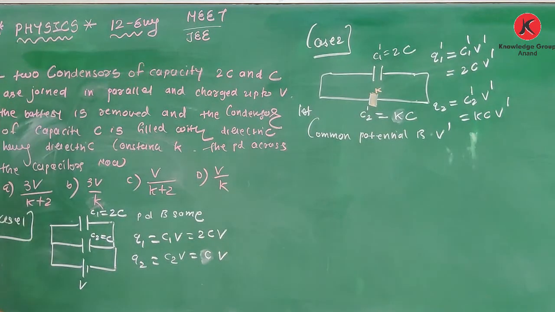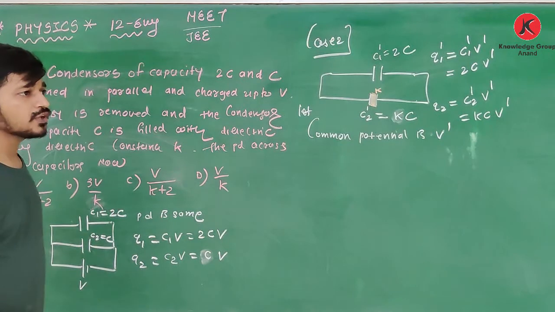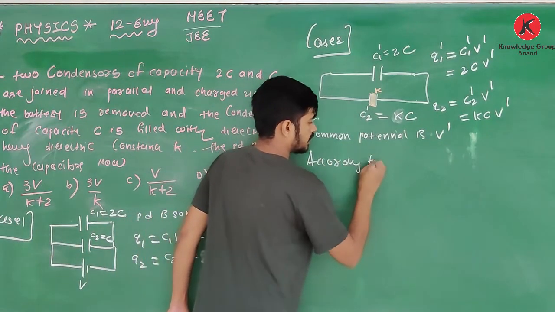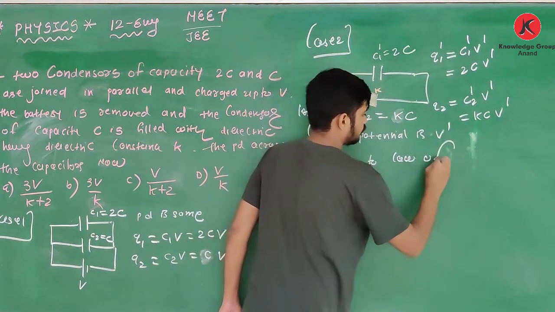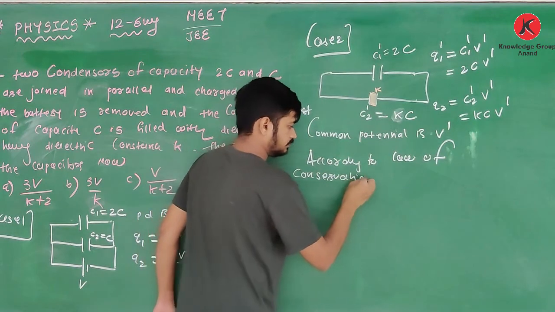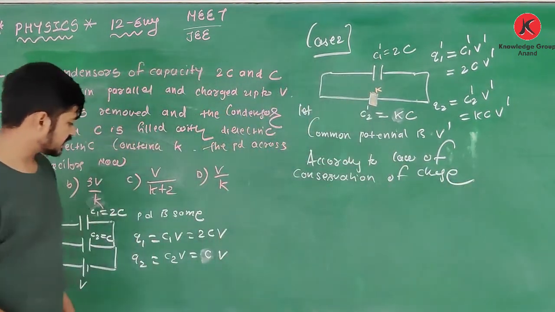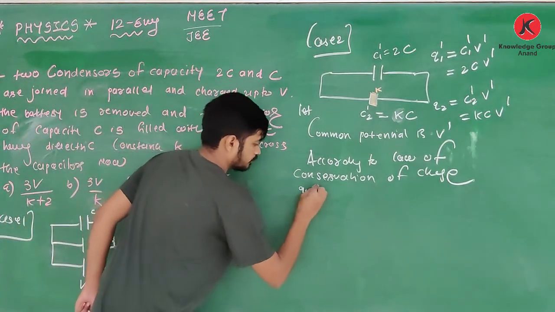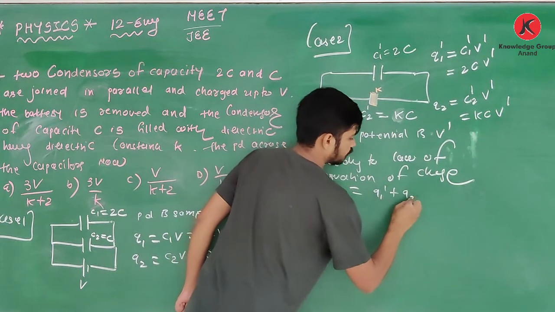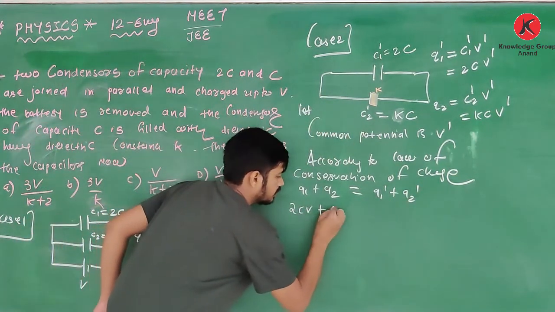Now capacitance changes, voltage changes, but according to law of conservation of charge, total initial charge, that is Q1 plus Q2, is equal to total final charge, that is Q1 dash plus Q2 dash. What is Q1 plus Q2? It is 2CV plus CV.